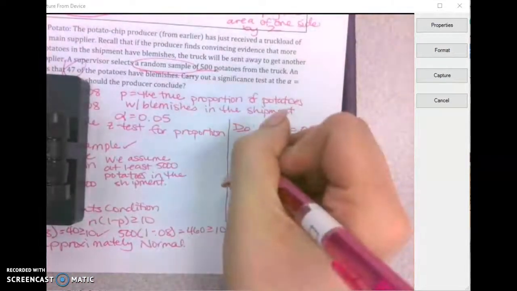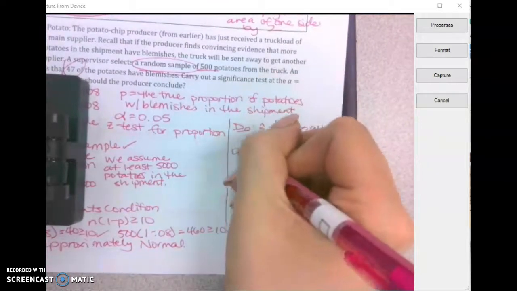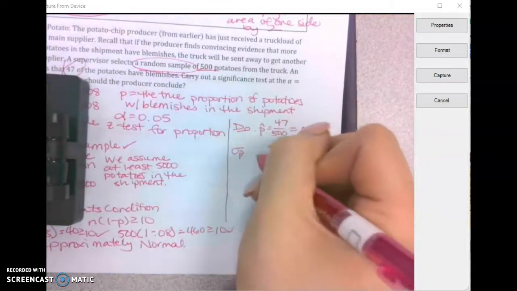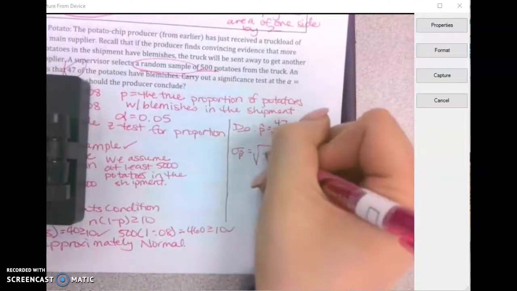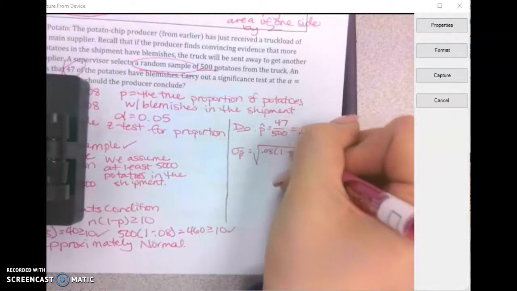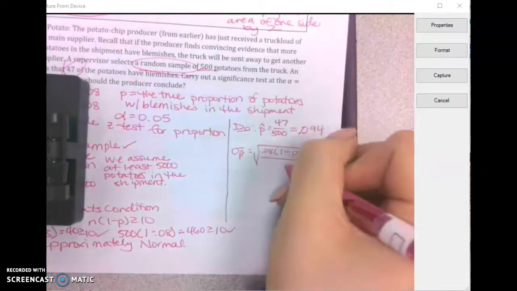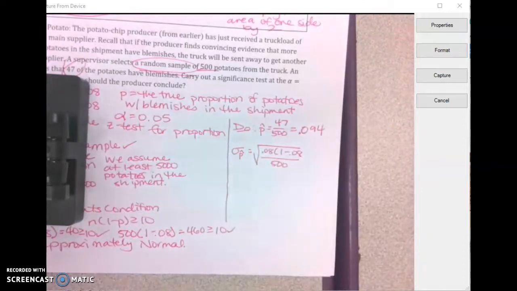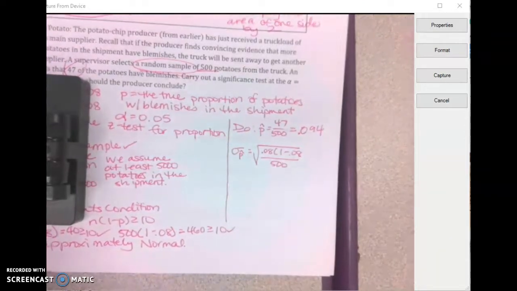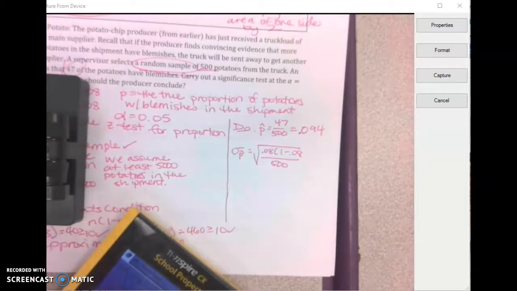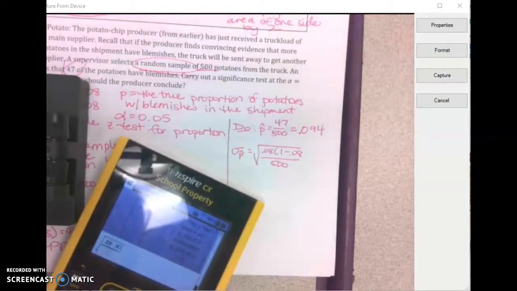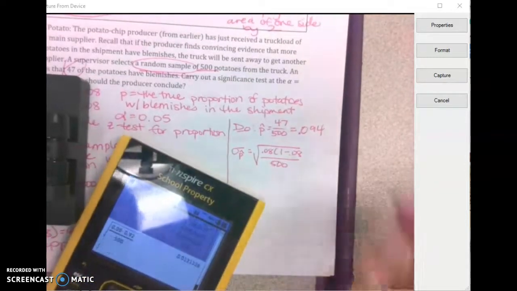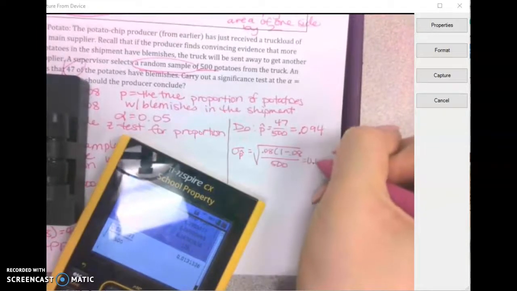Now our z, if we want to find our standard deviation of p hat, if you like using the normal CDF, the way we have been, it's going to be equal to 0.08 times 1 minus 0.08 over 500. If I type that in the calculator, I get 0.08 times 0.92 over 500, take the square root of that, 0.012.